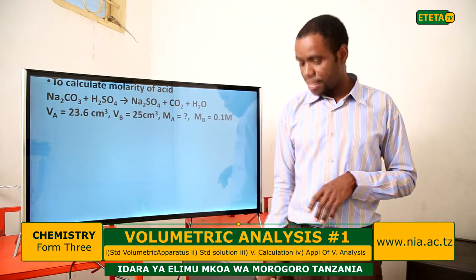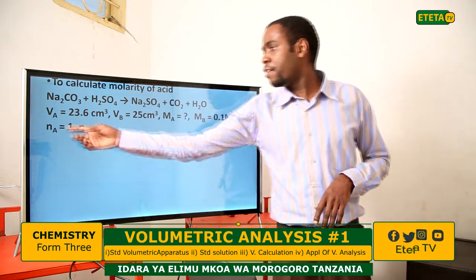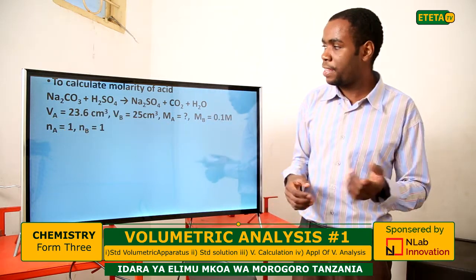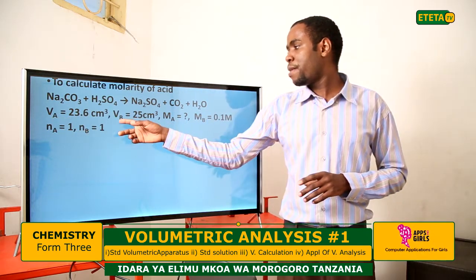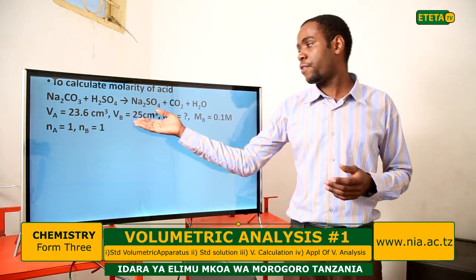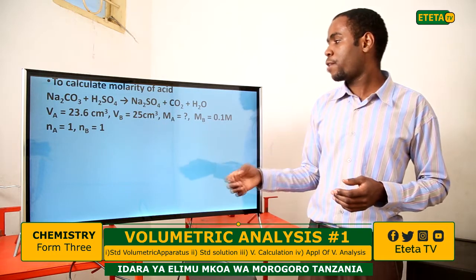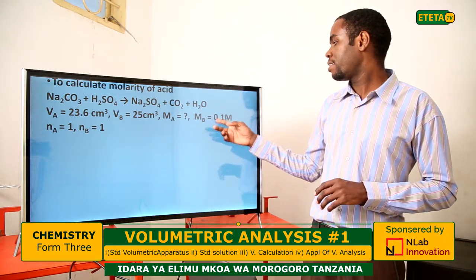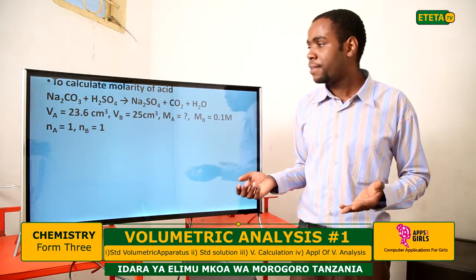Now, the data given: the volume of acid is 23.6 as we obtained there. The volume of base is 25 centimeter cube, as we use the pipette of 25 centimeter cube. The molarity of acid is what we are going to find. Molarity of base is 0.1 molarity.